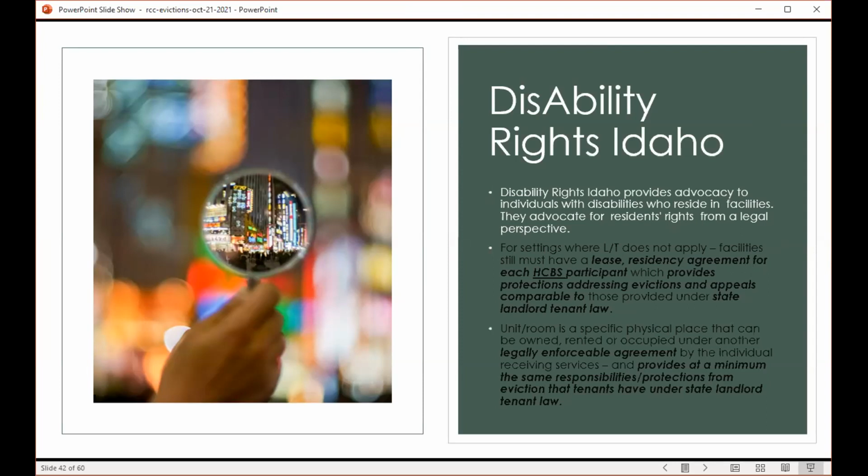And due to COVID, it really has been a necessity and definitely to our advantage in more ways than just evictions and discharges. And working as a team, if it's been unsuccessful individually, working as a team to resolve issues has definitely been an advantage for Idaho. So thank you.